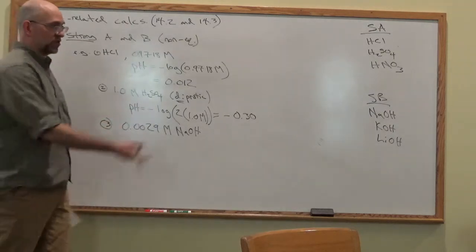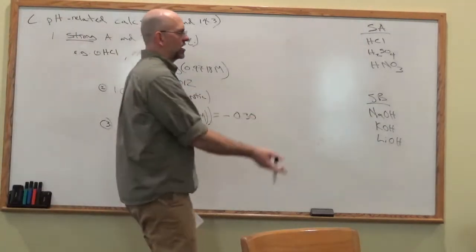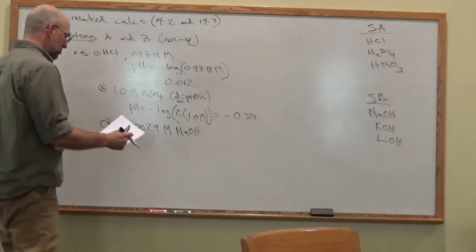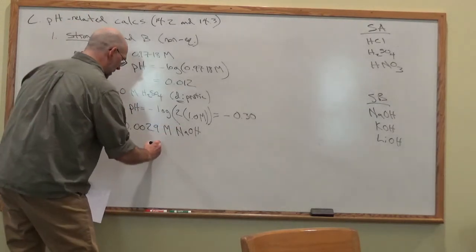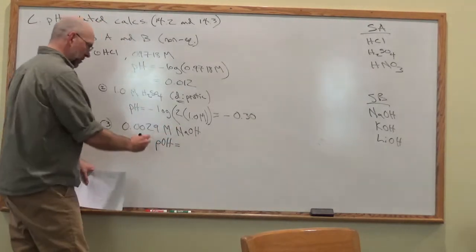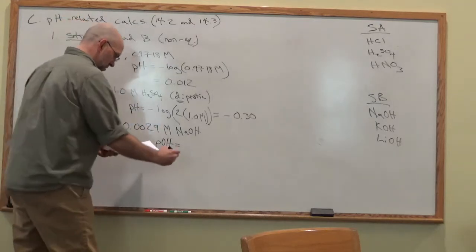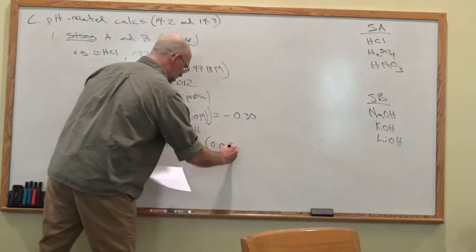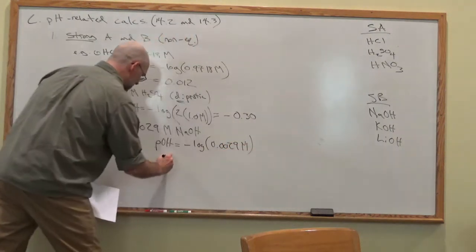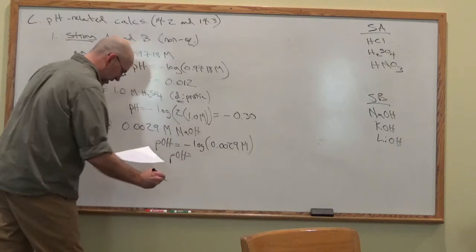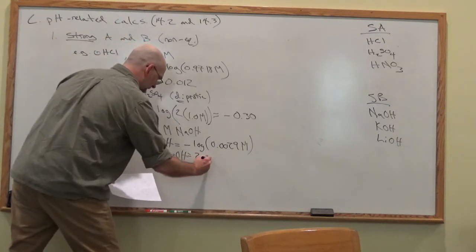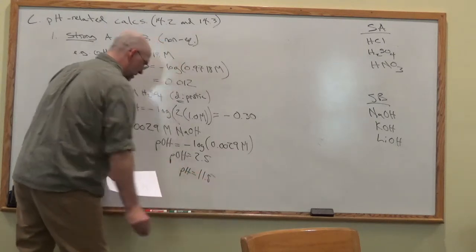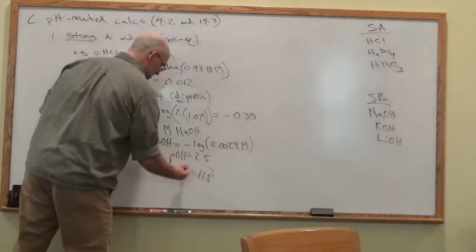They dissociate completely. Sodium hydroxide, the classic one, potassium hydroxide, lithium hydroxide, all of these are good to know. For the pH, we'd probably want to get the pOH first, because that's easier. It's the minus log of 0.0029 molar, and you would get a pOH of 2.5, and pH equals 11.5. That makes sense, it's basic. The pH should be pretty high.